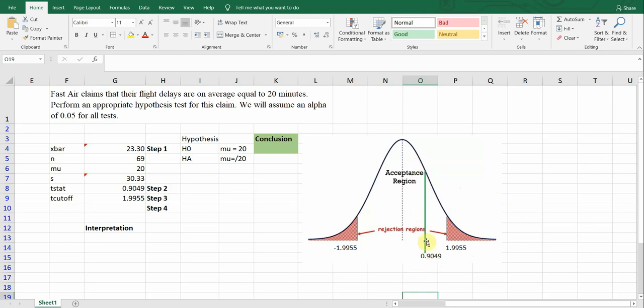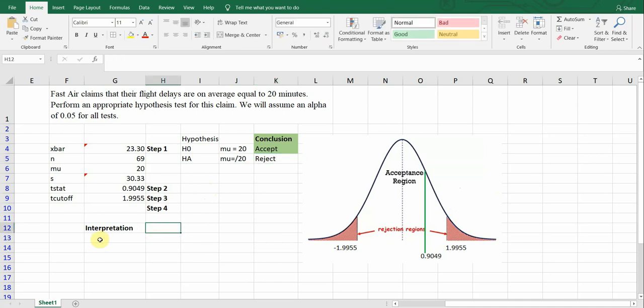Since this t statistic value falls in the acceptance region, we will accept our null hypothesis and we shall reject our alternate hypothesis.